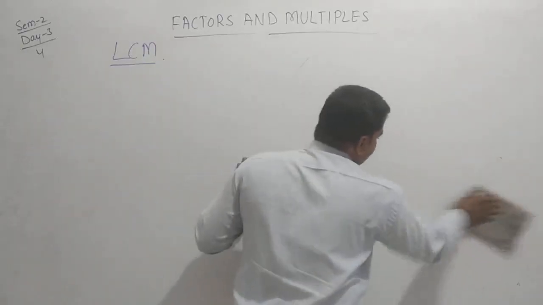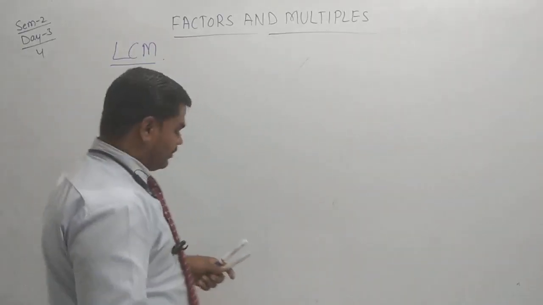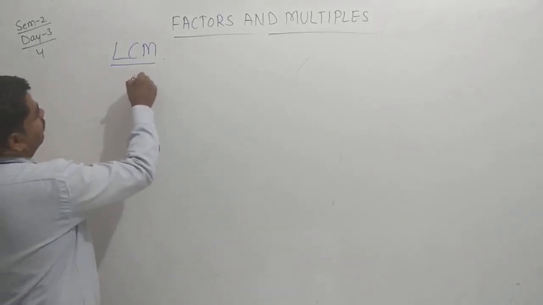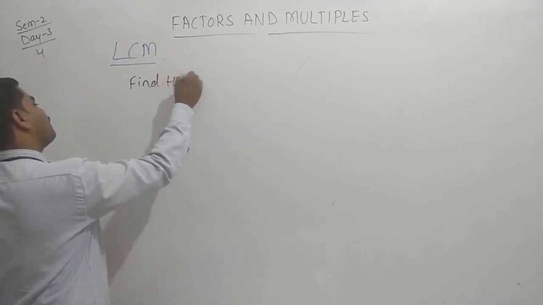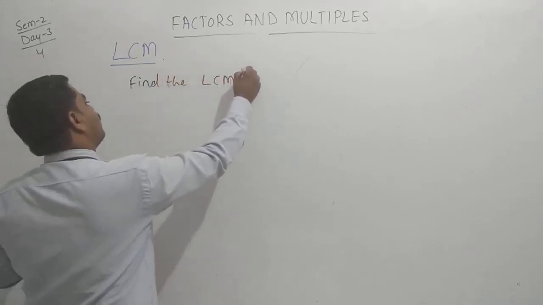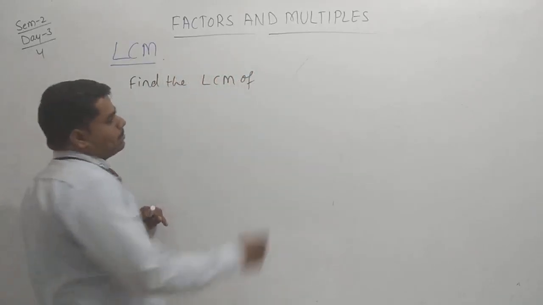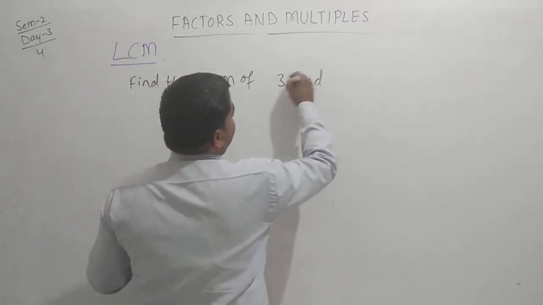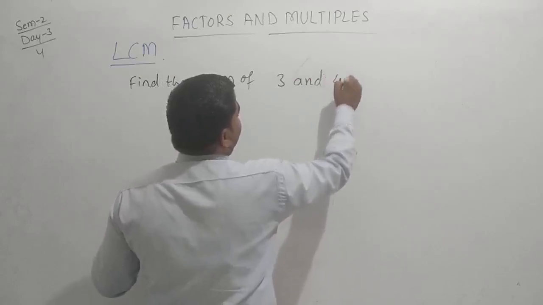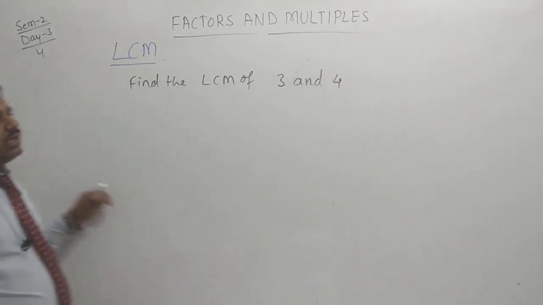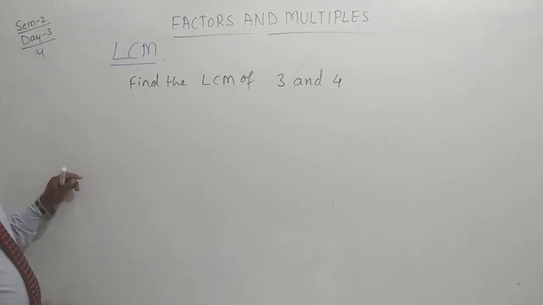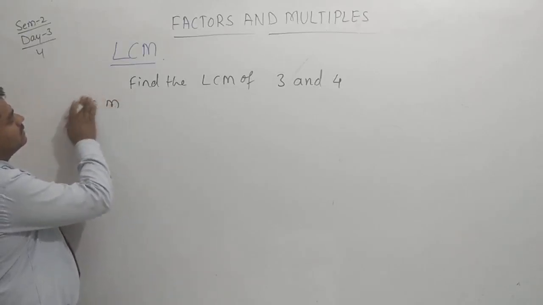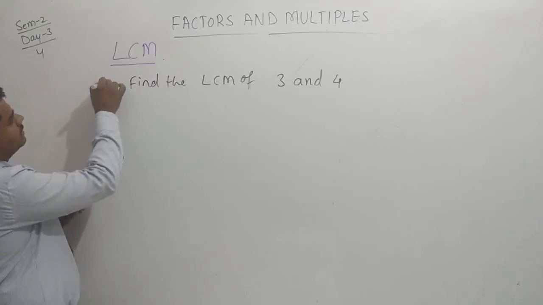I will take one more small example: find the LCM of 3 and 4. The common multiples of 3 and 4. Yes, this is the question.